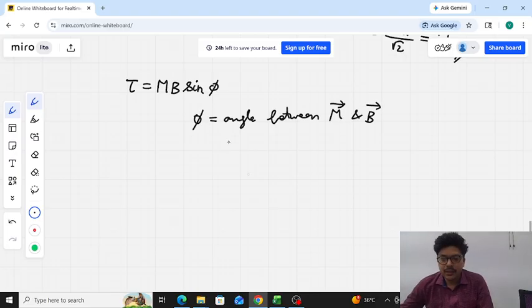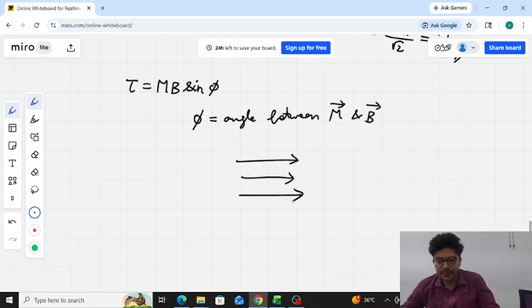Now there is a magnetic field like this, B vector.